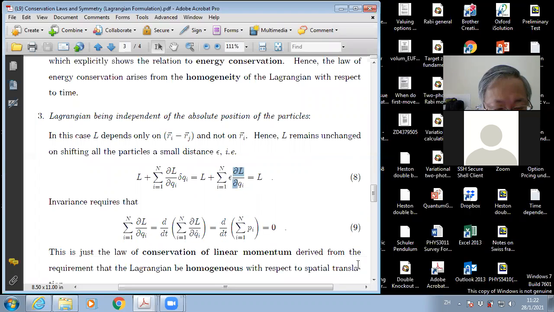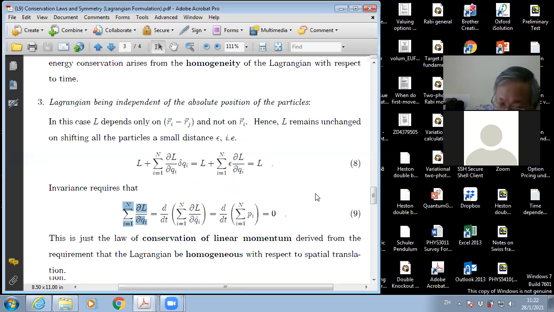Because epsilon is an arbitrary parameter. So in order for this sum to vanish, we have to require this total sum to be equal to 0, all right?